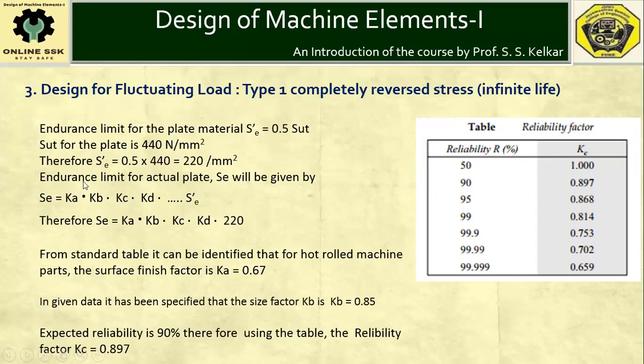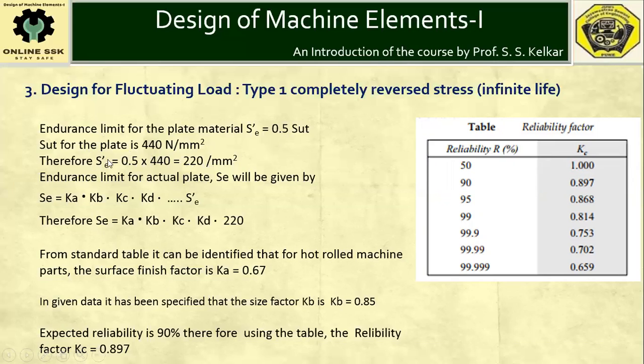The endurance limit for the plate is different from the endurance limit for the material of the plate. The endurance limit for the material of the plate is SE dash, which is given by 0.5 times SUT. The value of SUT is known to us from the given data, it is 440. So SE dash is 220 Newton per millimeter square.